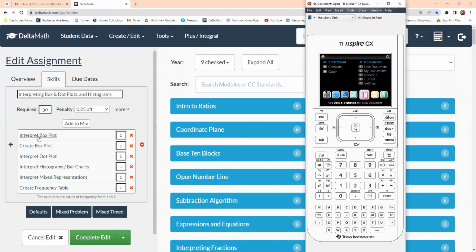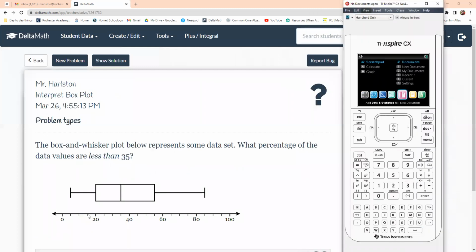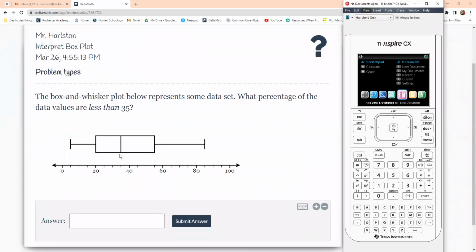So the very first thing it says is interpret box plot. So let's do one of those. Basically it's saying what percentage of the data is less than 35. I'm going to take a screenshot of this and then work through it. Let's say this is 20, going up by 5: 25, 30, 35.